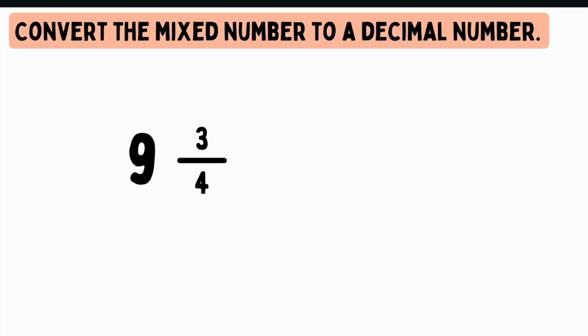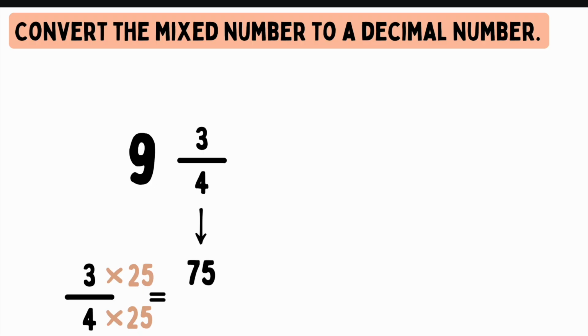9 and 3 fourths. Let's convert this mixed number into a decimal number. We notice that we can't turn 3 fourths into tenths, but we can turn them into hundredths. We will do that by multiplying the numerator by 25 and the denominator by 25. We know that 3 times 25 equals 75, and 4 times 25 equals 100. We have 75 hundredths.